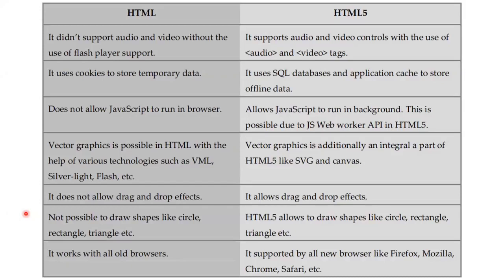HTML does not allow JavaScript to run in the browser, whereas HTML5 includes all the APIs in the web browser. Vector graphics is possible in HTML with the help of various technologies such as VML, Silverlight and so on, whereas HTML5 comes with integral support like SVG and Canvas.